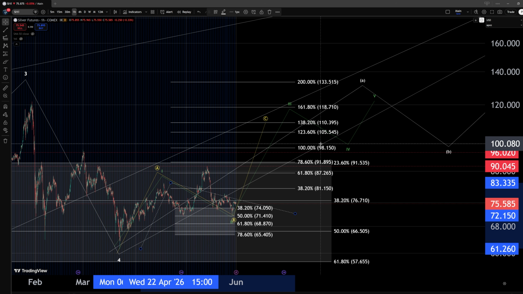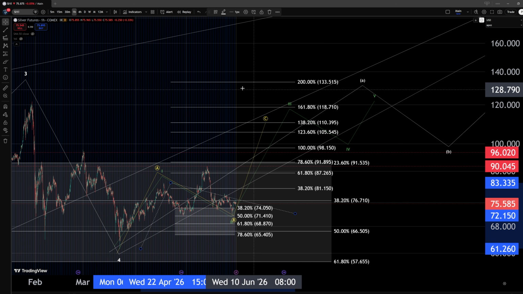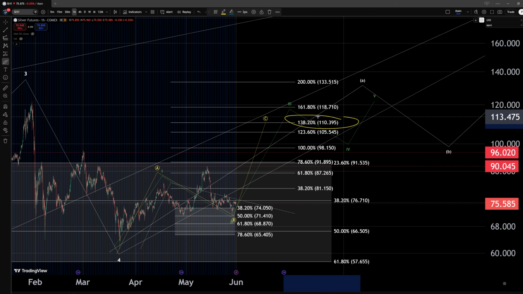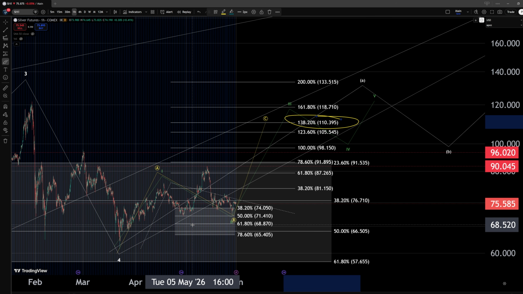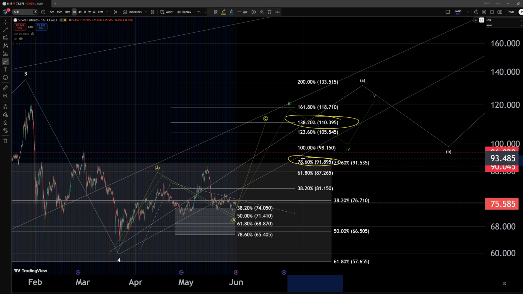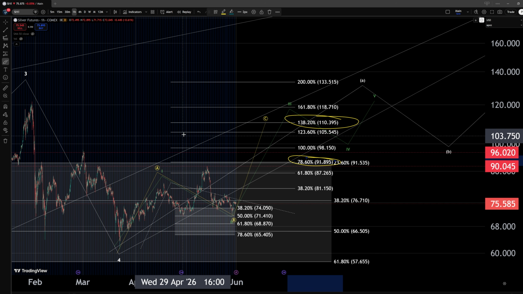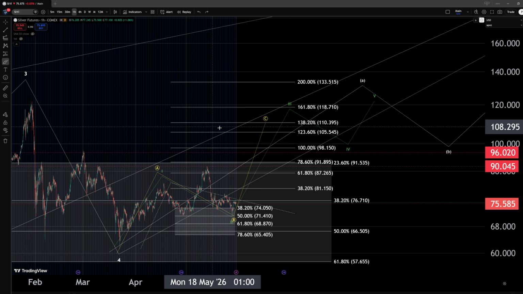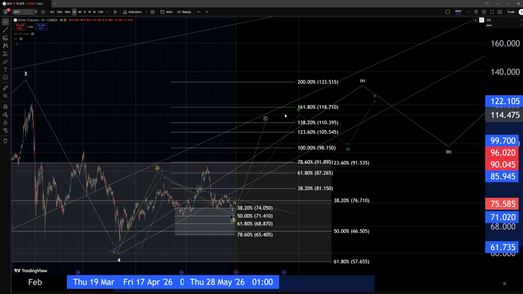Sometimes the wave C becomes quite large, reaching even the 138.2% extension of the wave A, sometimes even more. But also, it can become more restricted, possibly only reaching the 78.6% extension, right? Something like that, at $92 instead. Whereas, within the green interpretation, we expect to reach the 138.2% extension of the wave 1.